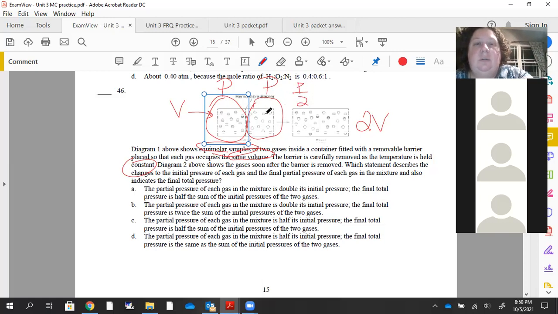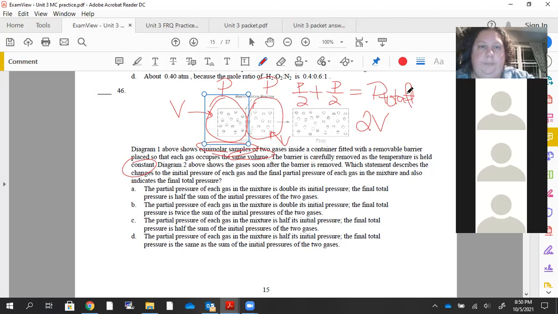Same thing for gas 2, this one on the right. That was also in a container of size volume. When we remove that barrier, that gas is now able to bounce around that entire twice as big container. So its pressure is also going to get cut in half. Because they're now mixed together, we can add those pressures together to get the total pressure in the container.